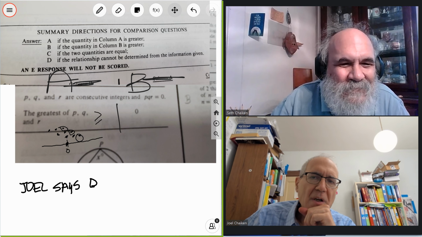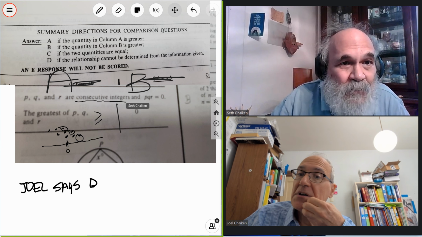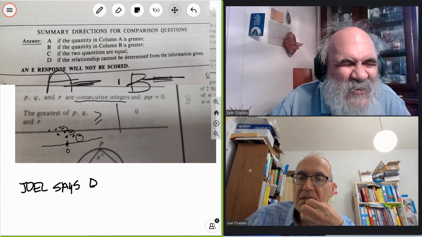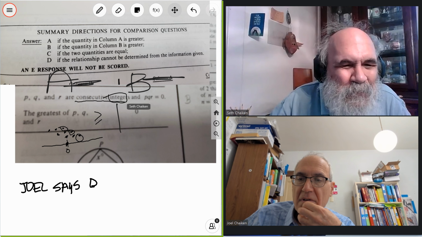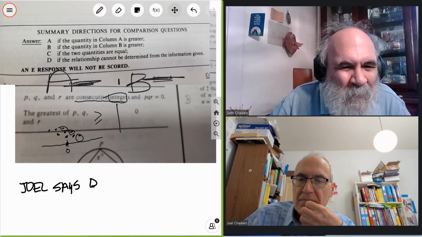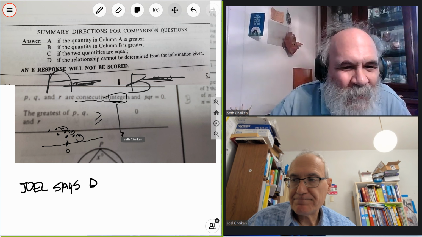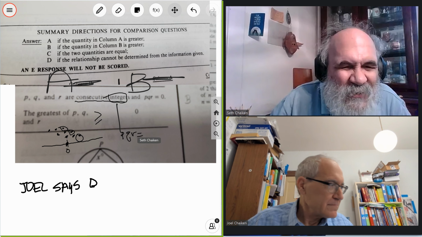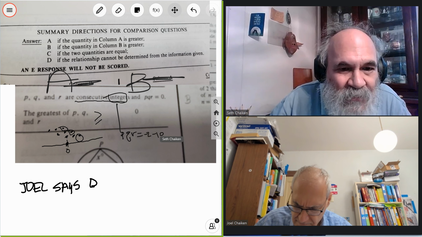Oh, wow. I thought P, Q, and R, one of them can be negative. They're consecutive integers. They could be negative. Yeah. So again, what do these cases mean? Case 1 is P, Q, R equals -2, -1, 0.